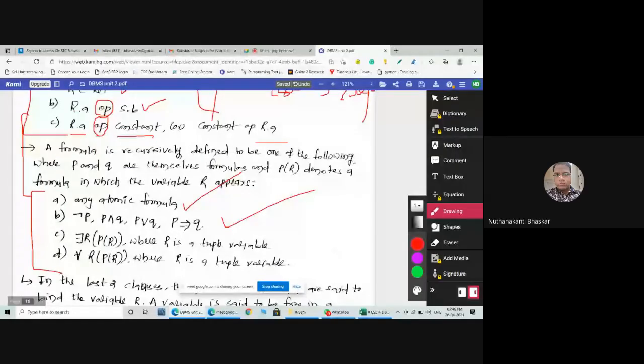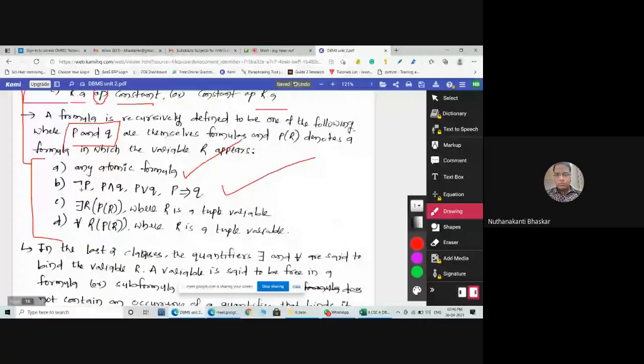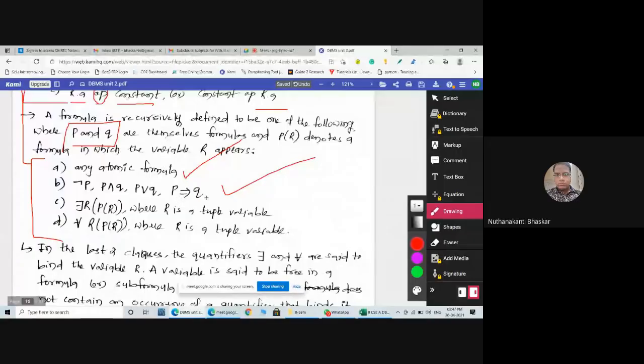Then we can use not P, which means the reverse, negative values, and P intersection Q, P union Q, and P implies Q. So this is the second formula that comes from the atomic formula.